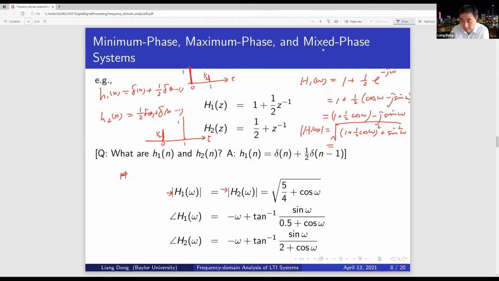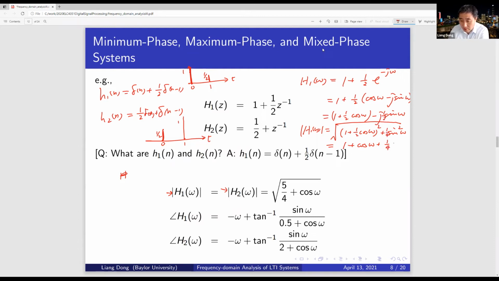So that we have, let me just do a few steps here. That's 1 plus cosine omega plus 1 over 4. Oh, excuse me, I have a half here, so this is 1 over 4 here.